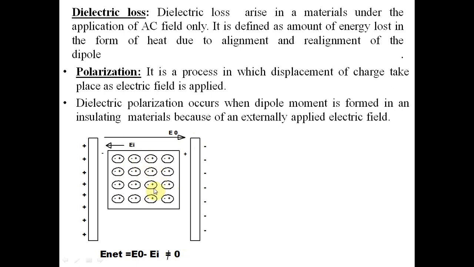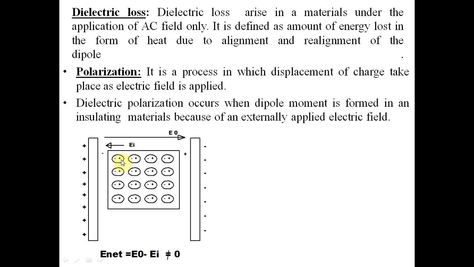In a dielectric, there are no free electrons; they are very tightly bound. The atoms are displaced a little bit, which is called alignment. Inside the atom, the negative charge goes toward the positive charge, and the positive charge goes away.